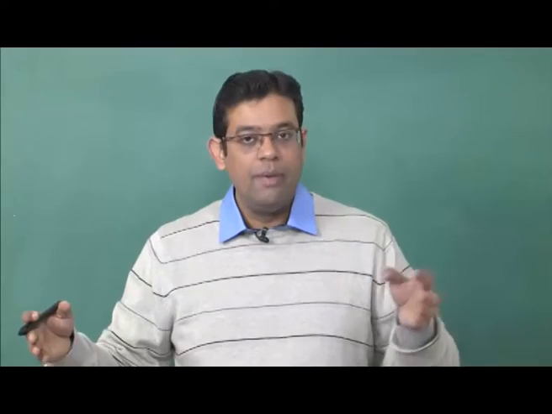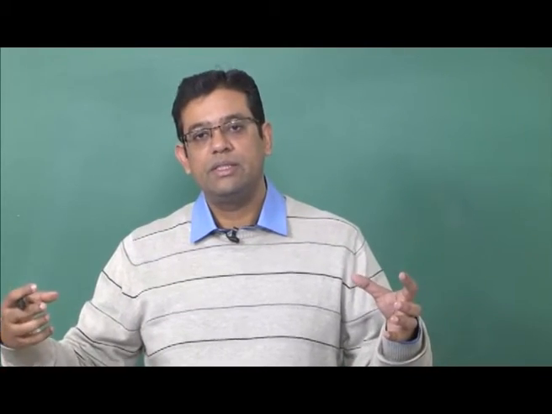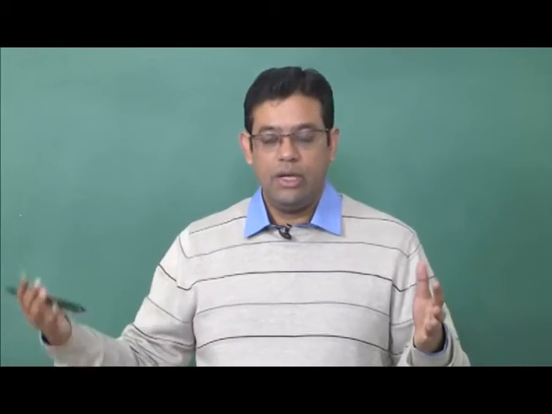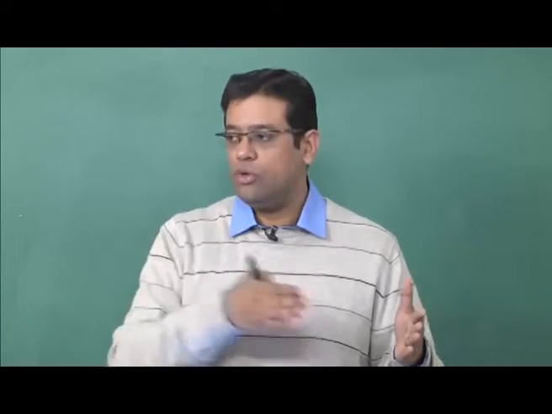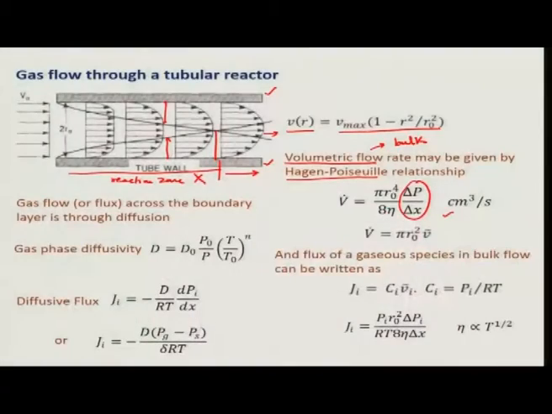Gases will only flow when you have two different pressures at two ends, and the gases will flow from higher pressure to lower pressure, okay, and it depends on the radius of the reactor, the viscosity, okay, and also can be written in terms of velocity of the gas, average velocity, okay.